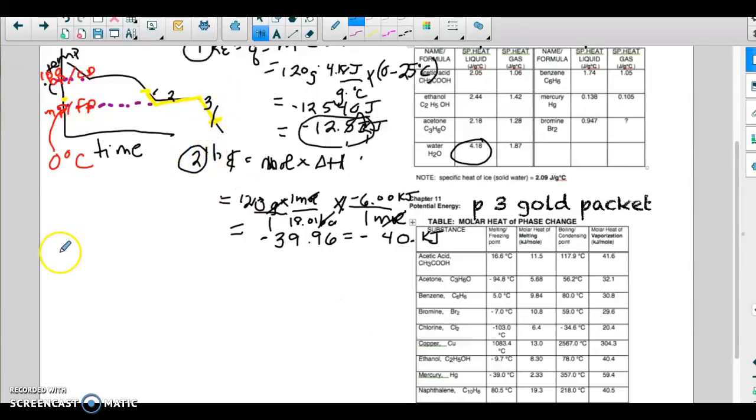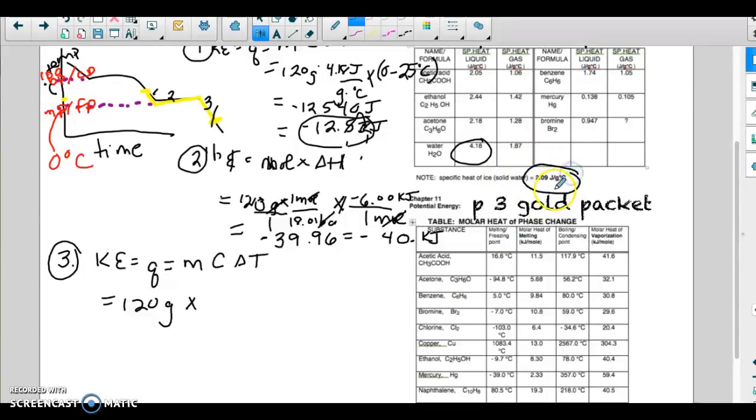Now we're going to do calculation 3. So we're in the sloped part again. So we're calculating kinetic energy. So we're going to use MCAT. And when we do this, again, we'll take our 120 grams times, now we're dealing with water, ice.